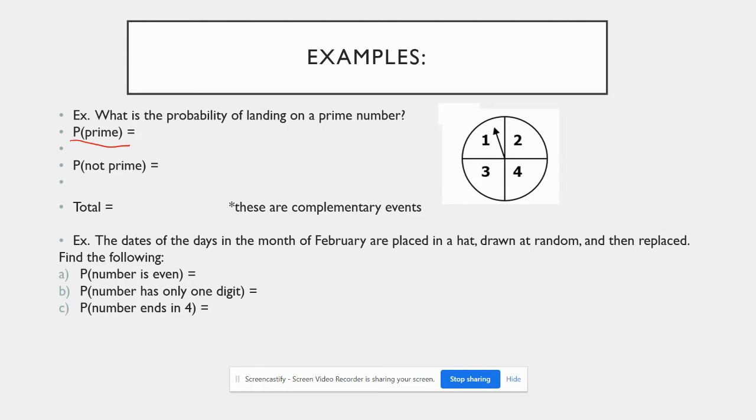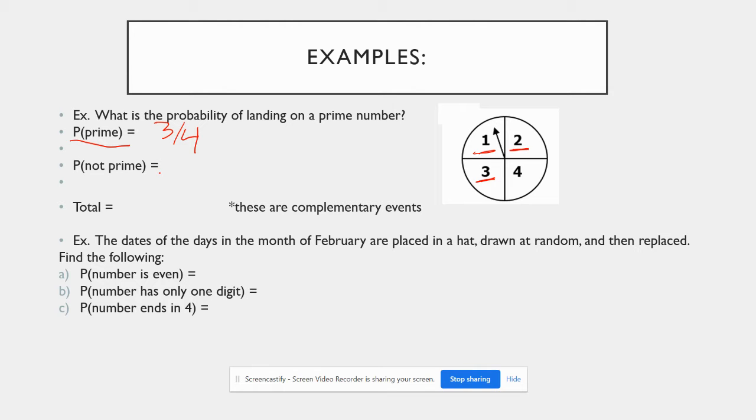Remember, a prime number can only be divided by 1 or itself. And so 1, 2, and 3 are all prime numbers. That's 3 desired. 3 of them are prime out of 4 possible outcomes.